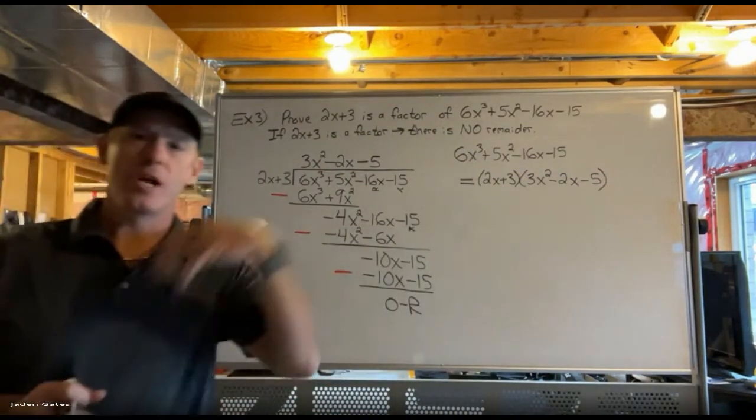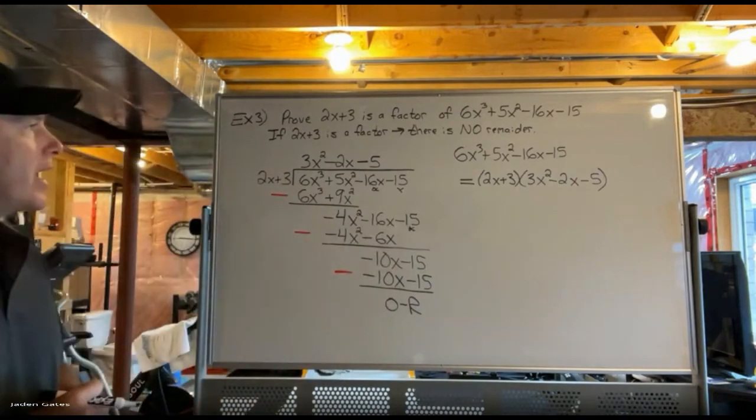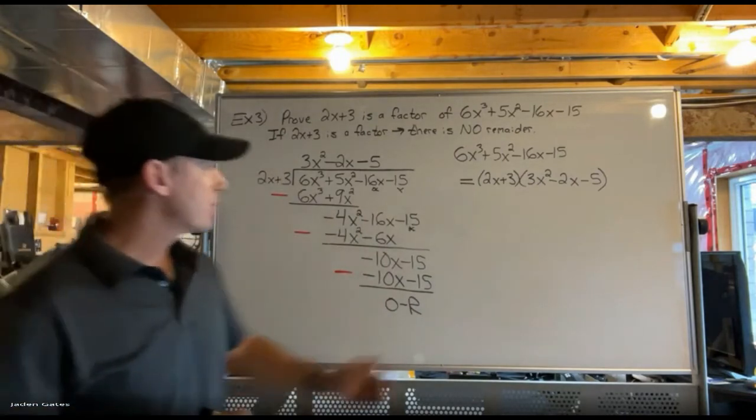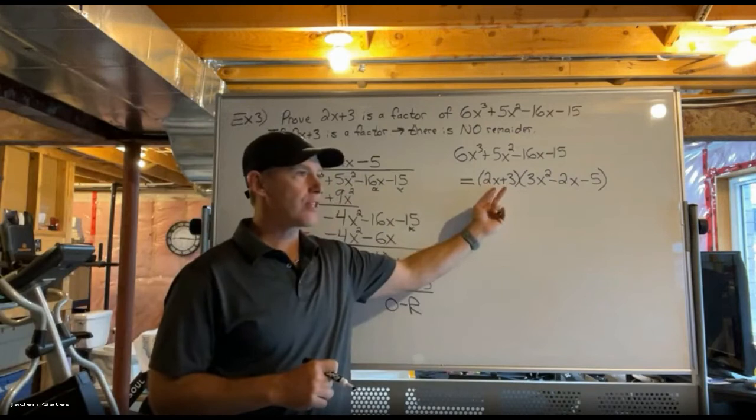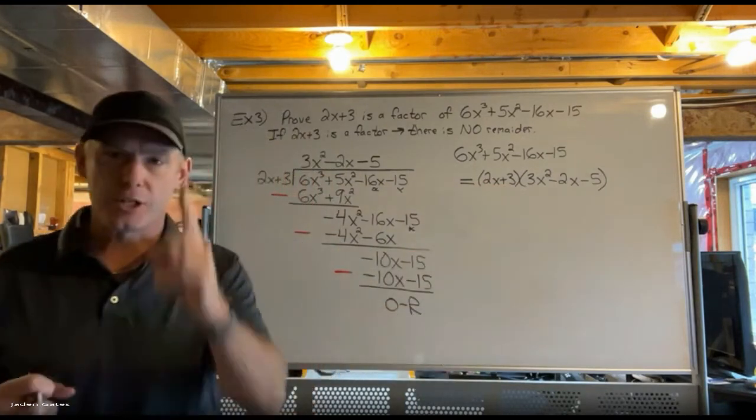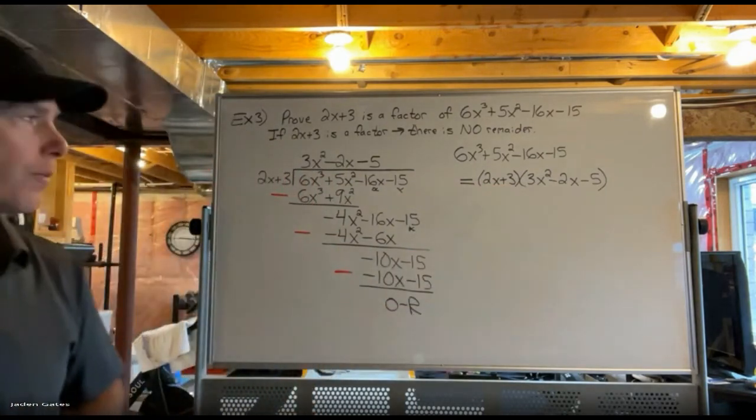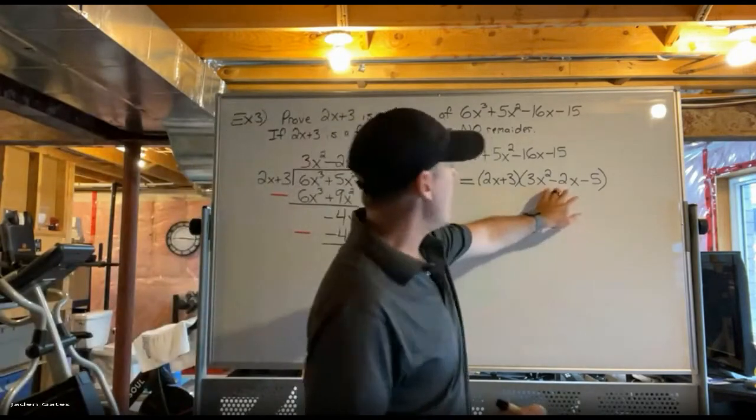No remainder, nothing left over at the end. Now, again, finding the other factors. This is already factored down as low as it can go because it's a one degree polynomial. But I can factor this quadratic.